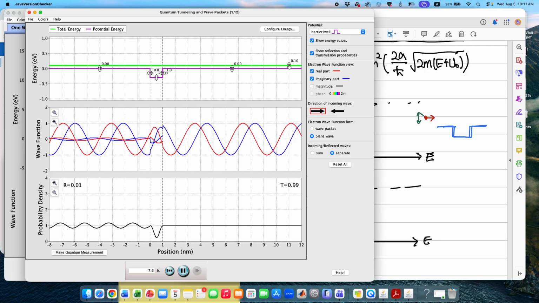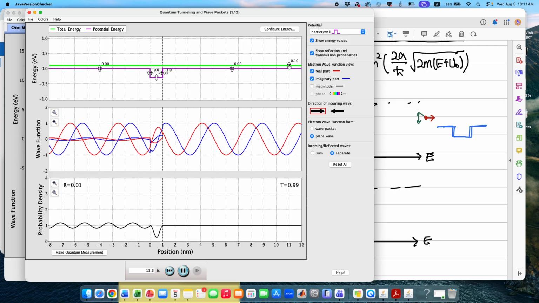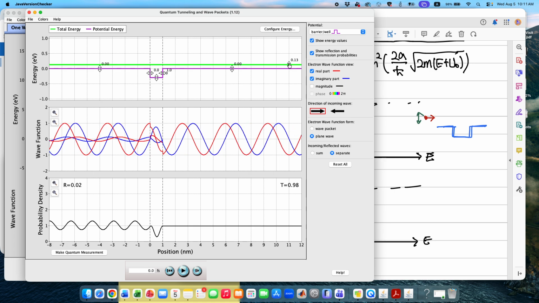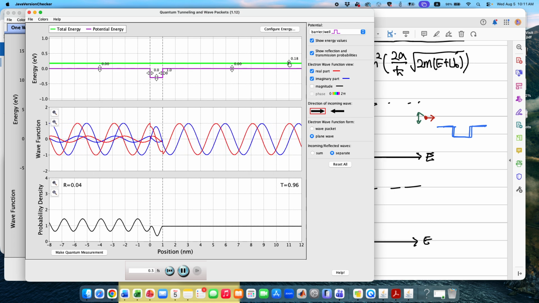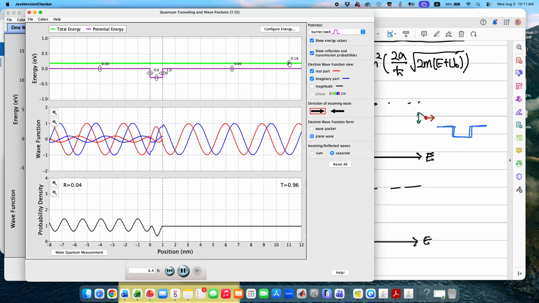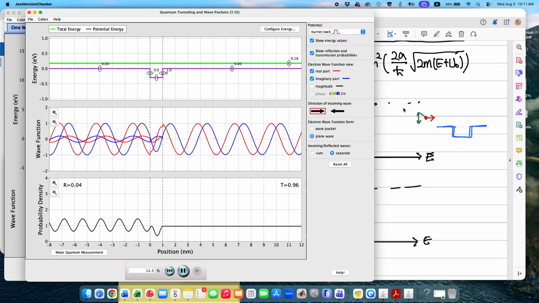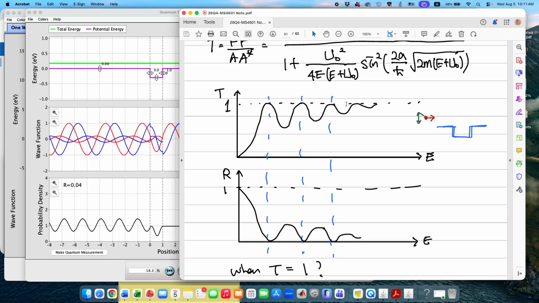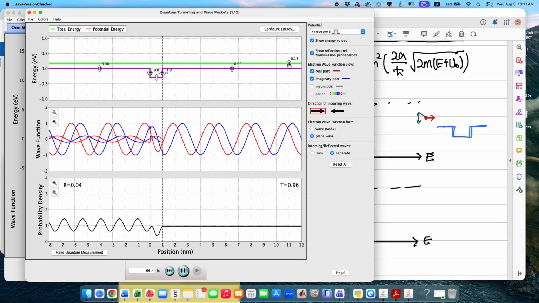Transmission now went from 100 to 99, and if I increase further, now transmission is going down, right? This is what we expect from this plot. As energy gets higher, at some point transmission is going to increase and hit 100%. If we increase the particle energy more, it is going to go down, and it will essentially go up and go down, go up.